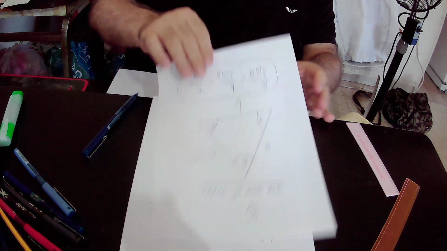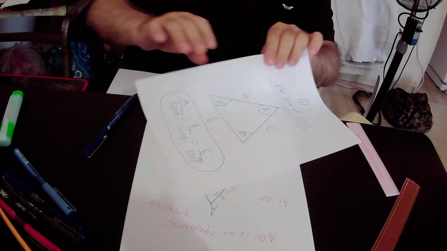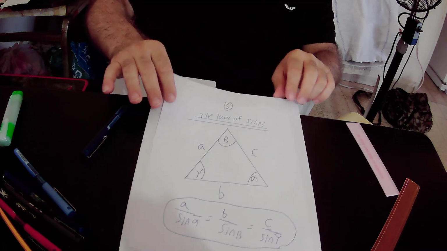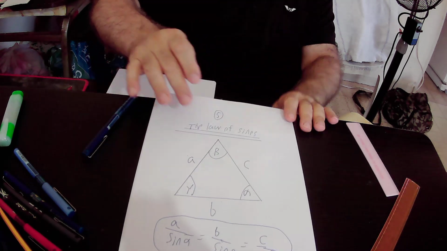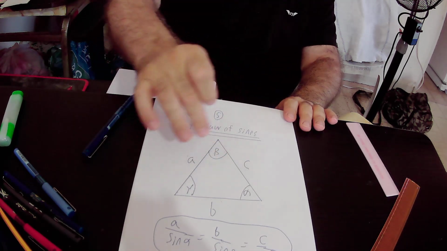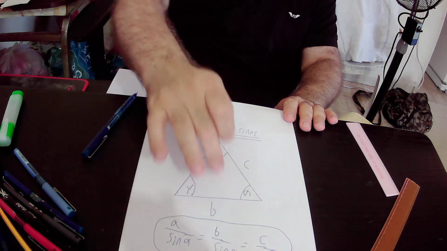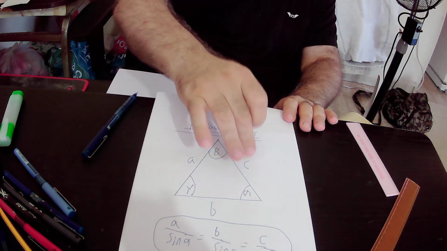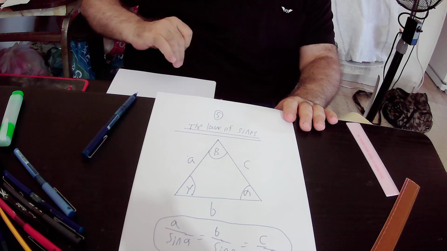Okay, again, in any triangle in the world, A over sinus alpha equals B over sinus beta equals C over sinus gamma.